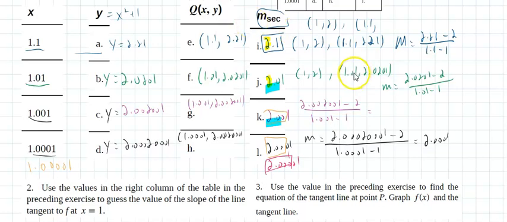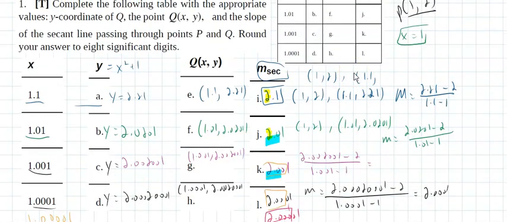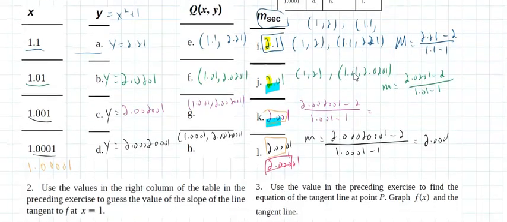Now I want to show you another way of doing this. This is the long way. And this is something that we're going to use all throughout the course, so let's make sure we pay attention. This is fixed. I noticed that that's fixed, and that's going to be the case on all of those. That's fixed on every single problem. The varying part, the part that's changing, is this part.